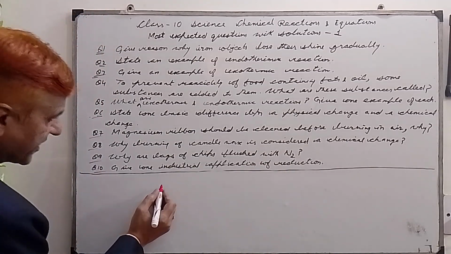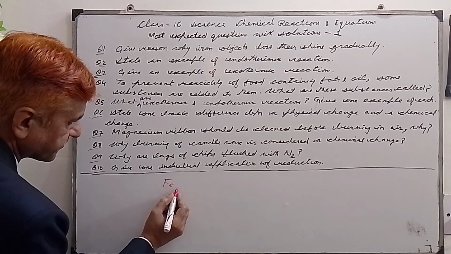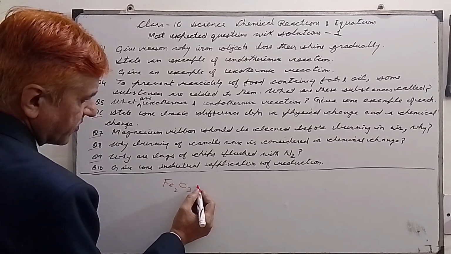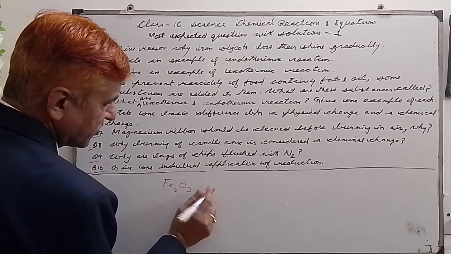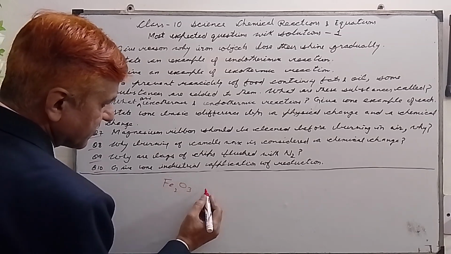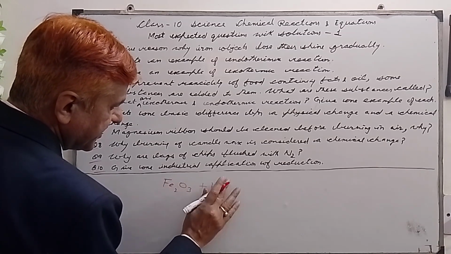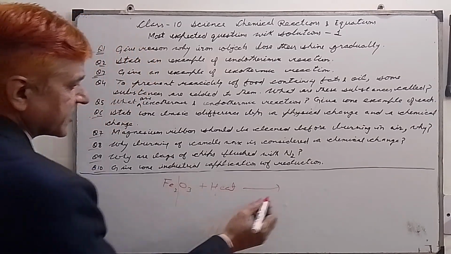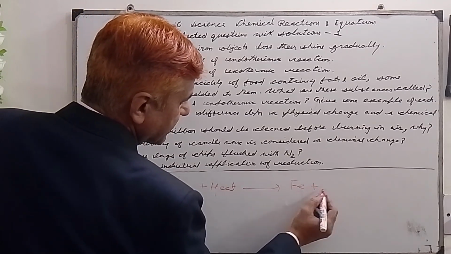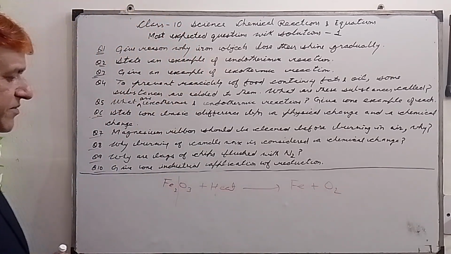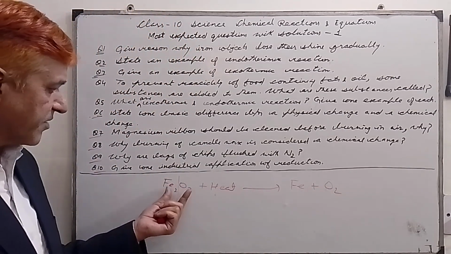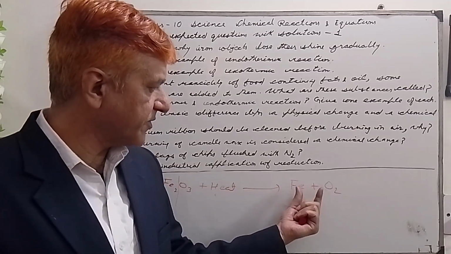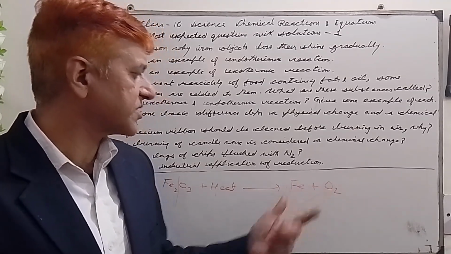For example, we have iron oxide. Now to remove this oxygen, what we do, we heat it. This is reduction. Then iron oxide will get decomposed, and as a result we will get iron separated from oxygen.